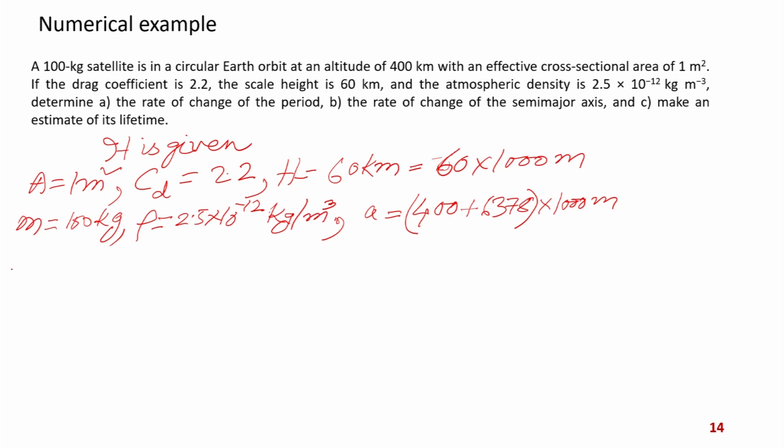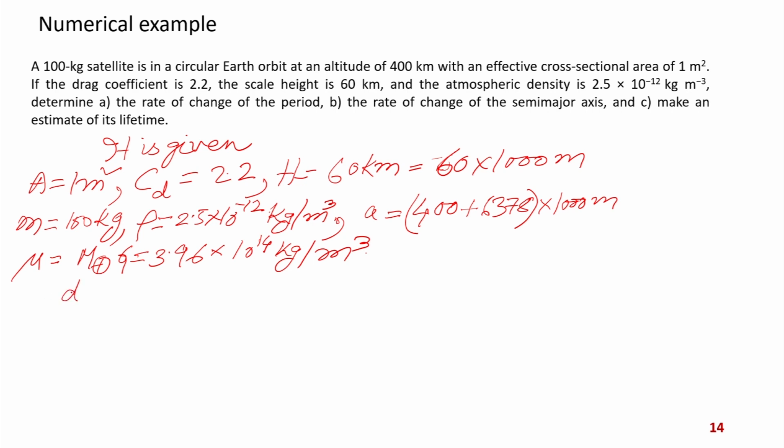Then the mu, which is given by the mass of earth multiplied by the gravitational constant G, this value is 3.96 into 10 to the power 14 kg per meter cube.